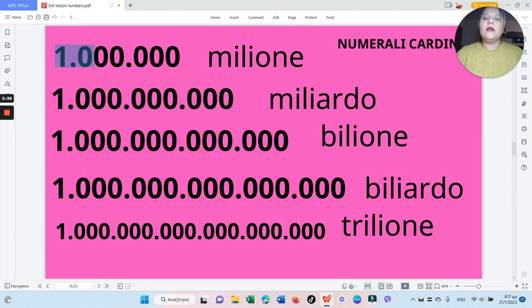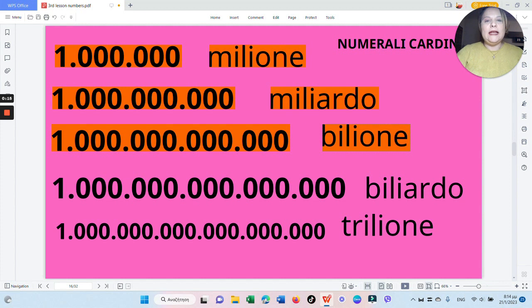Now, milione. Milione is a million. It's written with one L. Now, miliardo. Miliardo, written with one L. Miliardo is billion.